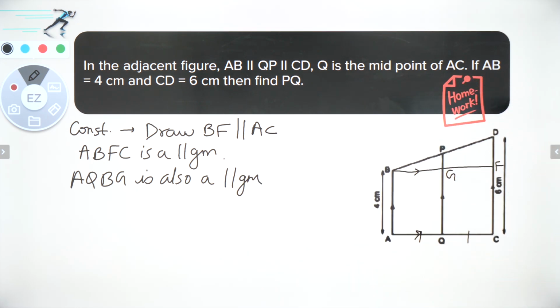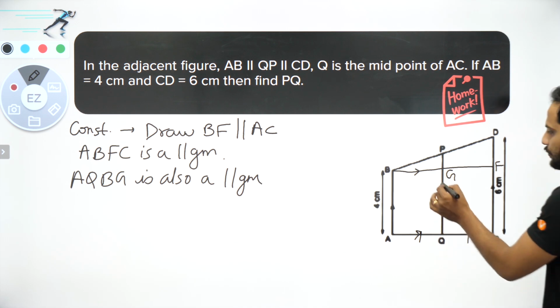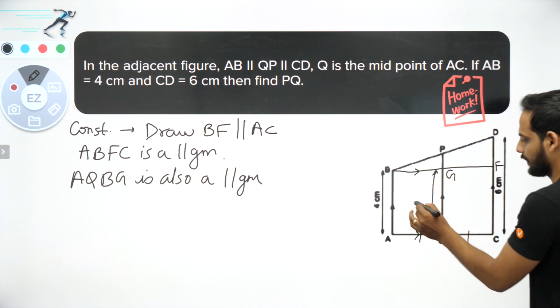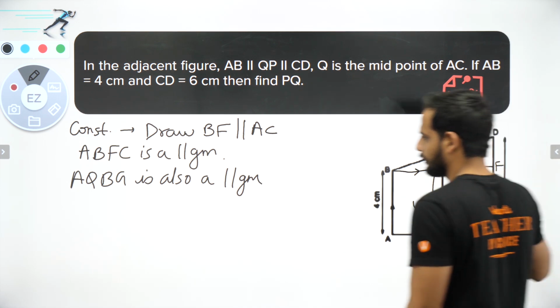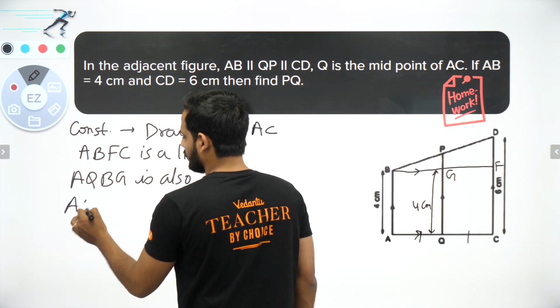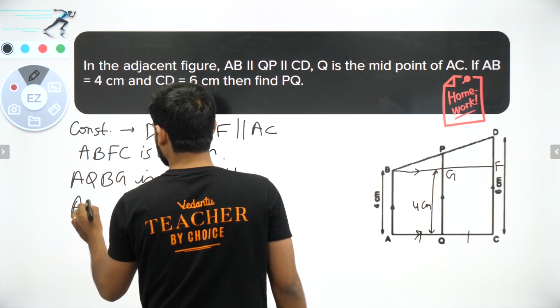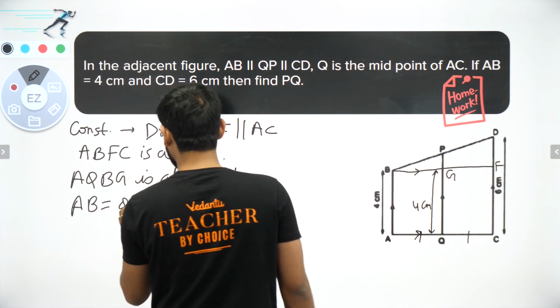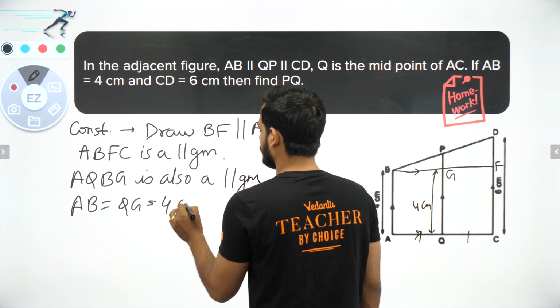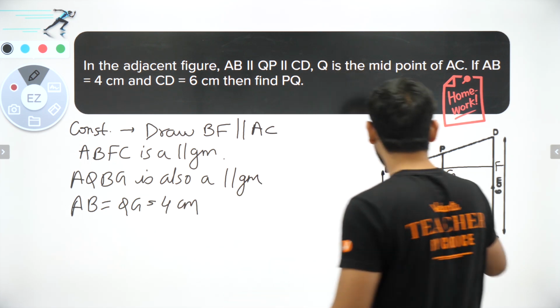So from here I can say that AB is equal to QG. So AQ is equal to AB is equal to QG, and both will be equal to 4 cm, right? So I have got this length as 4 cm.